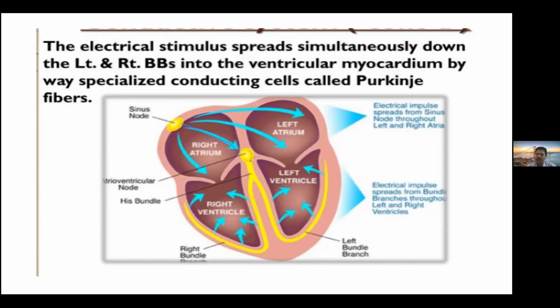Below the AV node, the conduction system, bundle of His, right bundle and left bundle, has to conduct very fast so that the whole ventricle is activated at the same time. This is what happens.